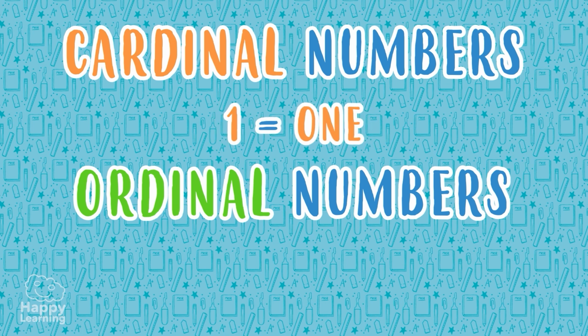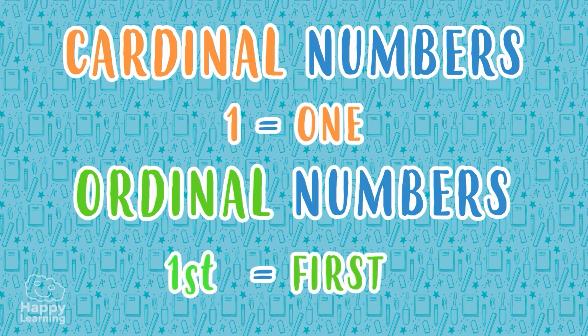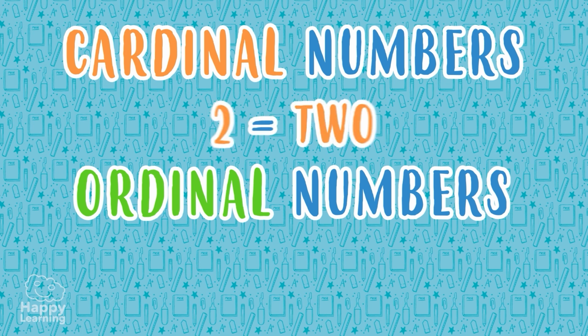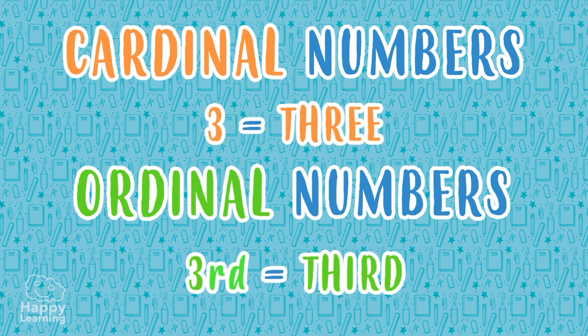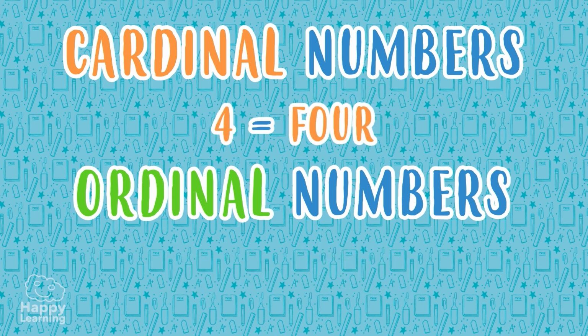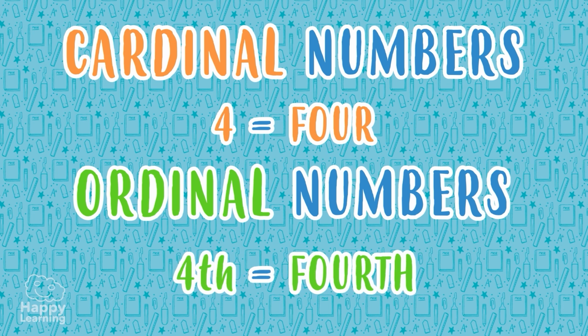So the cardinal number 1 corresponds to the ordinal first. It is written like this, a 1 followed with the letters ST in small. 2 corresponds to the ordinal second. 3, third. 4 is called fourth.